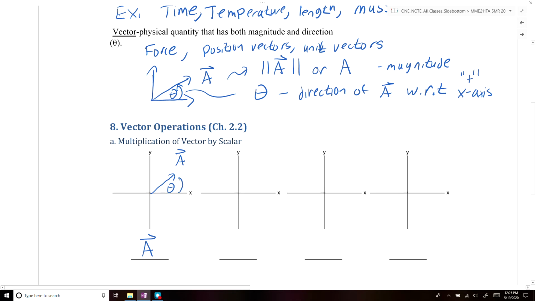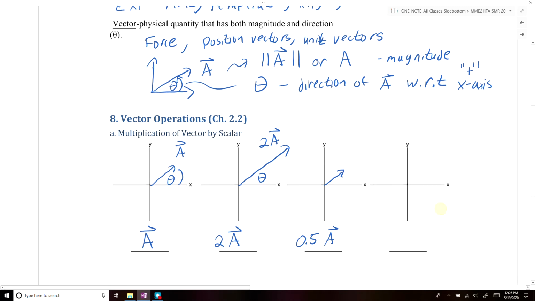If we multiply vector A by a scalar number, like, let's say, 2A, its length would get multiplied by 2. So the length of the vector is doubled, and the direction is the same. If we multiplied the vector A by half, you'd imagine that the length of the vector would change to be half of its original length, but the angle is still the same angle.